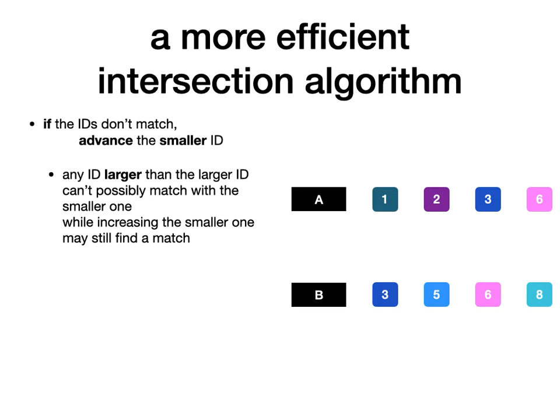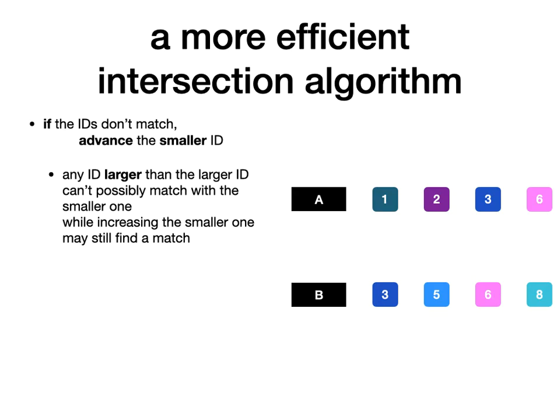But while comparing 1 and 3, it's a wasted comparison to make any more comparisons against 1, because we know that the very first document B appears in is the 3rd one. So we're not going to go and look for another comparison at the 5th one, the 6th one, 8th one, because 1 is already ruled out.